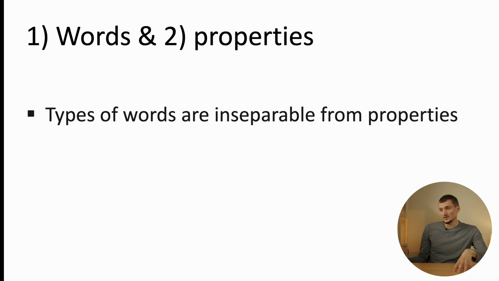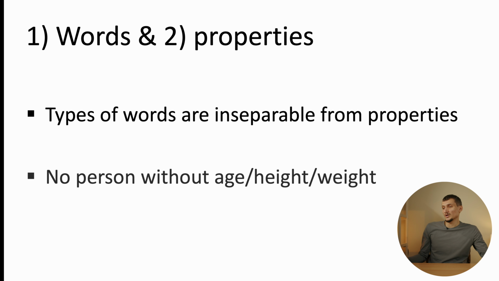Now, what's important to understand is that the types of words are inseparable from their properties. The collection of properties is the type of word, basically. So if we use an analogy with people, there is no person without age and height and weight. Everyone has a certain age, a certain height, a certain weight.